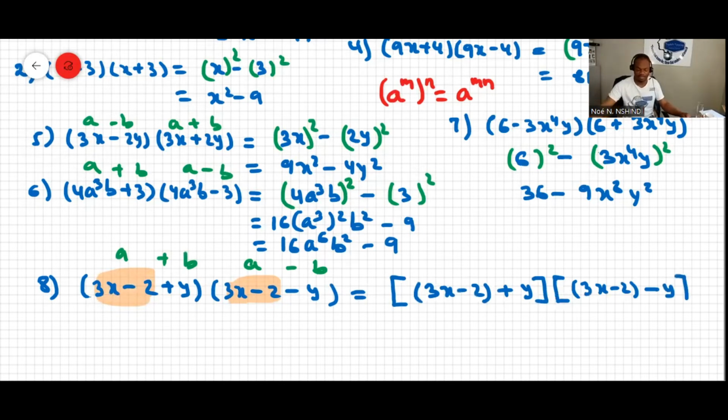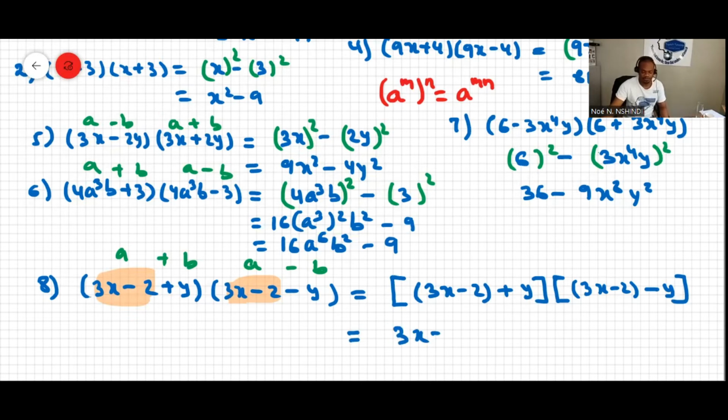So we have two terms. The bracket makes one term, okay? So like this plus y or this minus y, okay? So over here, we are still going to apply the difference of two squares, which will be 3x, okay?